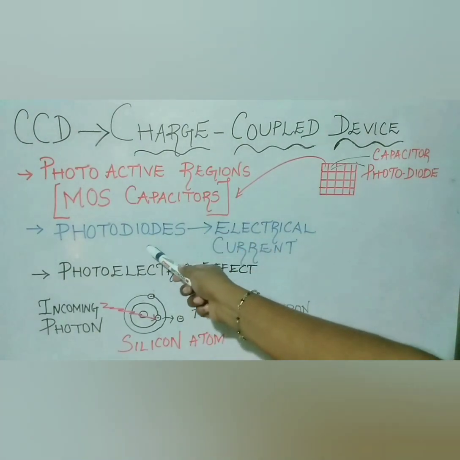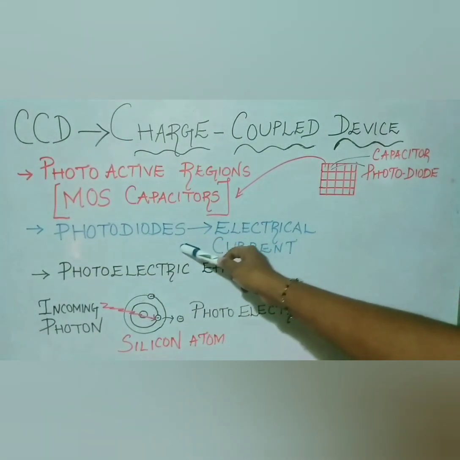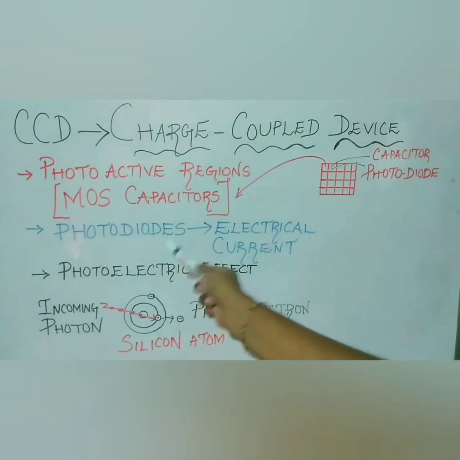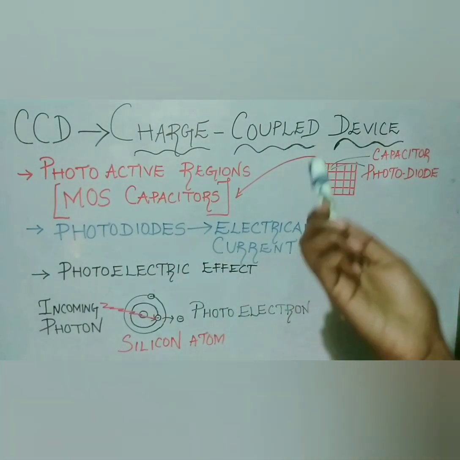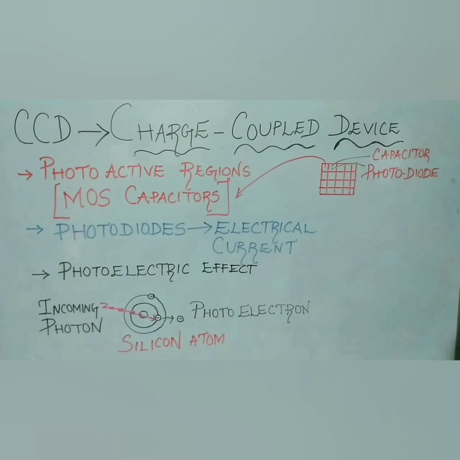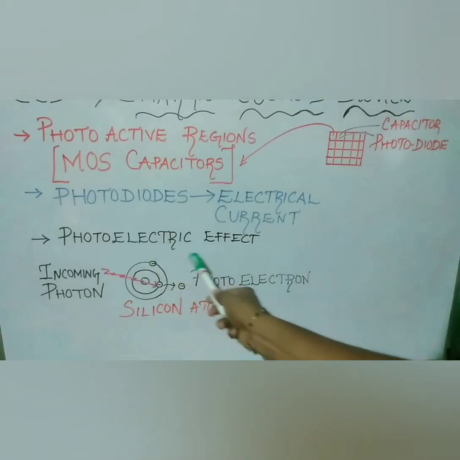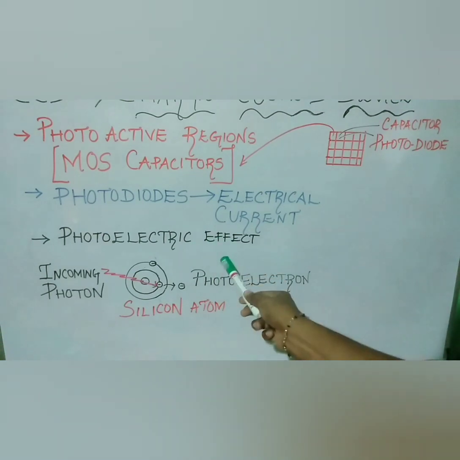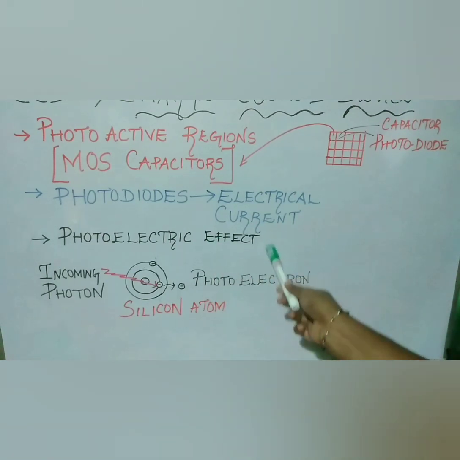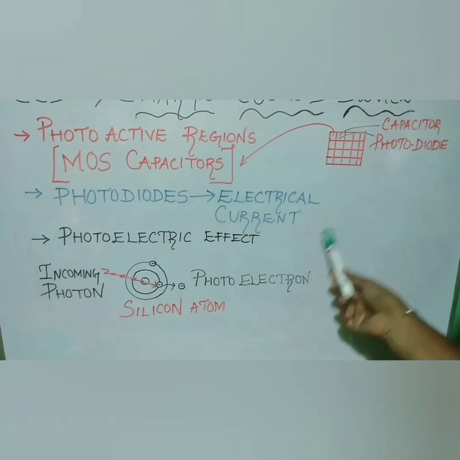The CCD assembly also has a dense matrix of photodiodes. The function of a photodiode is to convert captured X-ray photons into electrical current. Current is generated when X-ray photons are absorbed in the photodiode. When a photon of sufficient energy strikes the diode, an electron-hole pair is created. This process is known as the photoelectric effect, which is fundamental to the operation of a CCD, or charge coupled device.